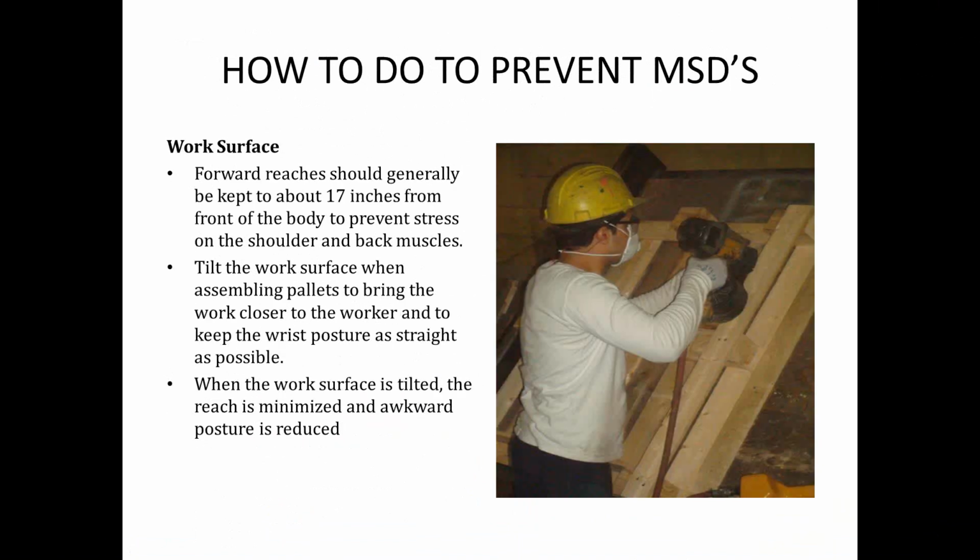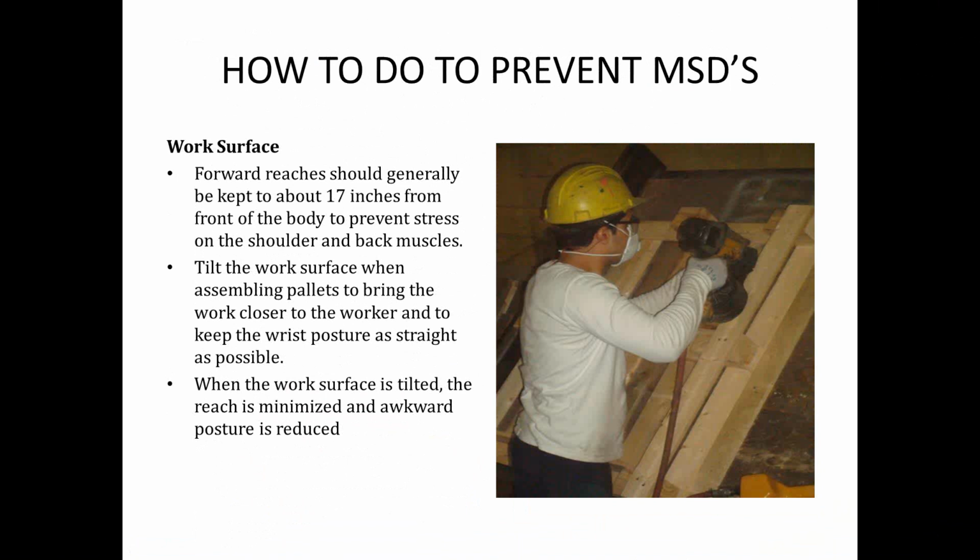Furthermore, if you look at this, this is a second best practice where this individual is building a new pallet on a jig, and it's in an elevated position where the worker doesn't have to lean over a flat surface to nail it.